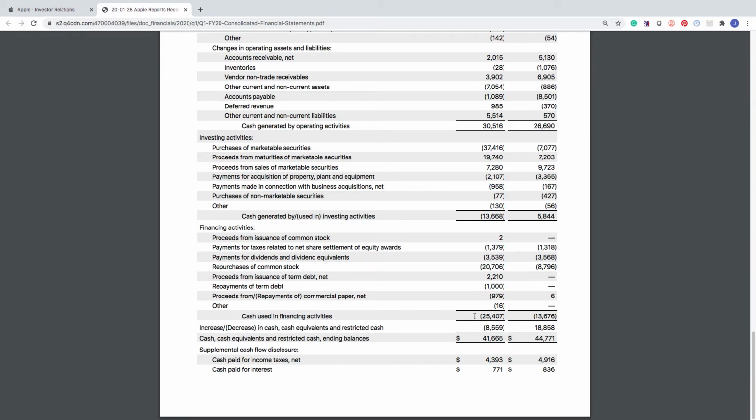Why is Apple paying $25 billion to the equity investors in the form of dividends and repurchasing common stock? Now, this is a very interesting phenomenon, and it is somewhat common for companies of a massive size and scale, such as Apple.